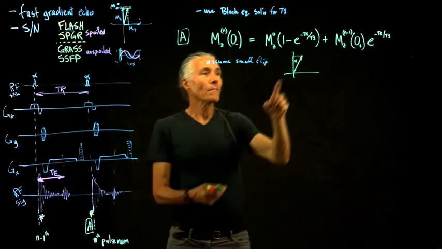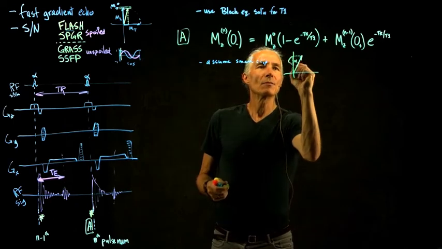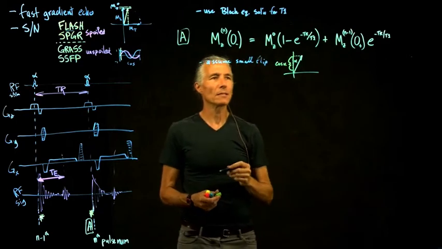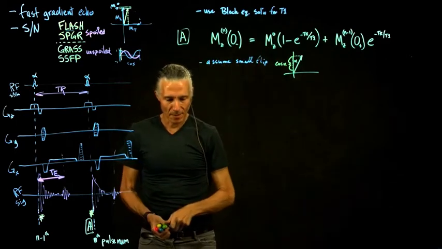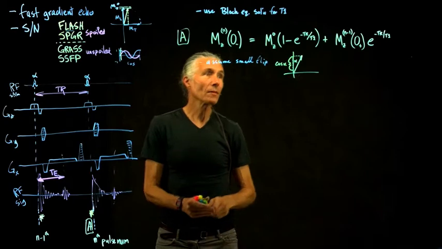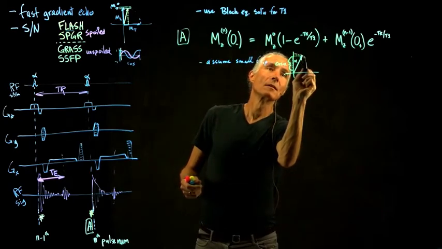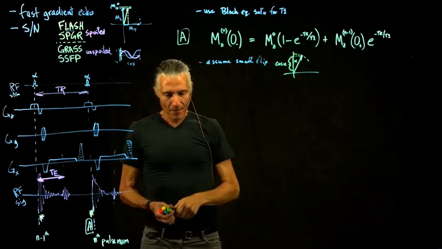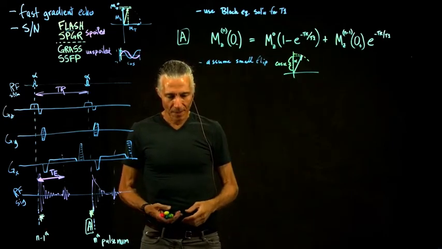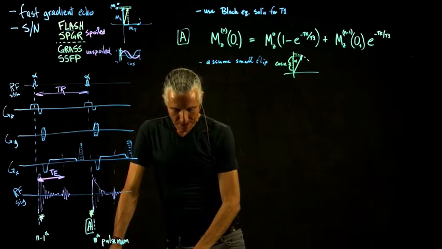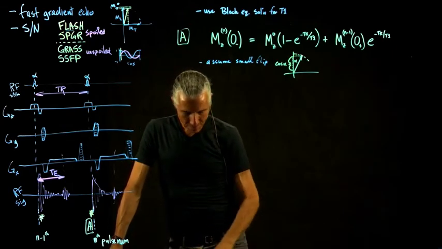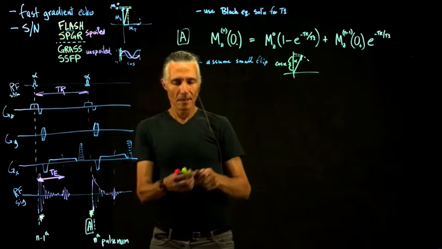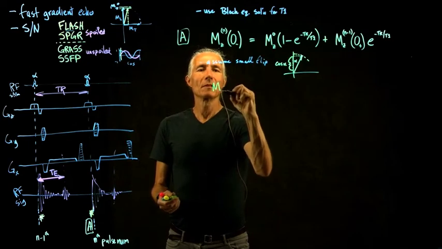The amount of longitudinal we have is going to be cosine of alpha, because that's the adjacent side on the right triangle. So if we assume there's a small flip angle, then we can look at this equation.